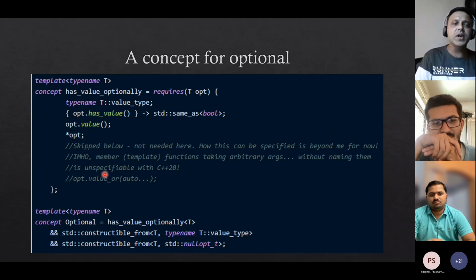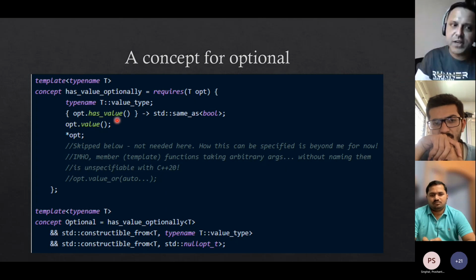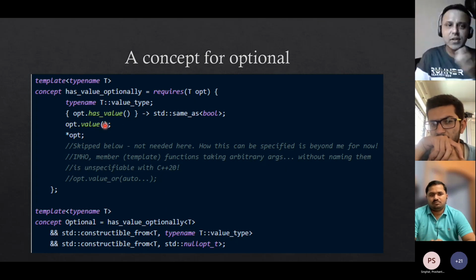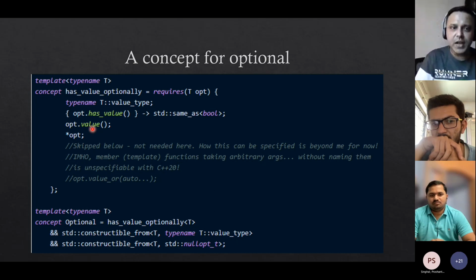But I think these are the essential interfaces of the optional, where it has a value type, and you have the function has value to query whether it has a value or is it blank, because it is optional, so it could be blank. You should be able to dereference the value, and you should be able to say value or.